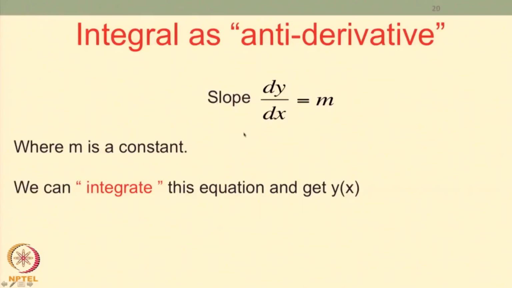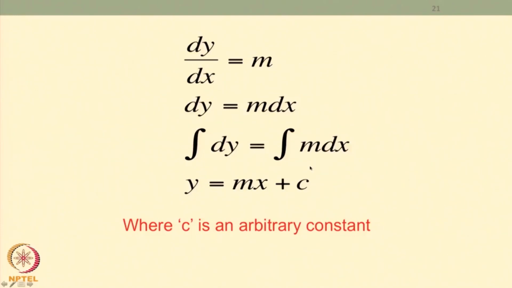In general, just like we saw, if we know the slope, which is dy/dx is m, where m is a constant, we can integrate this equation and get y of x. In other words, if you have dy/dx is m, dy is m dx. I can put this integral sign on both sides.